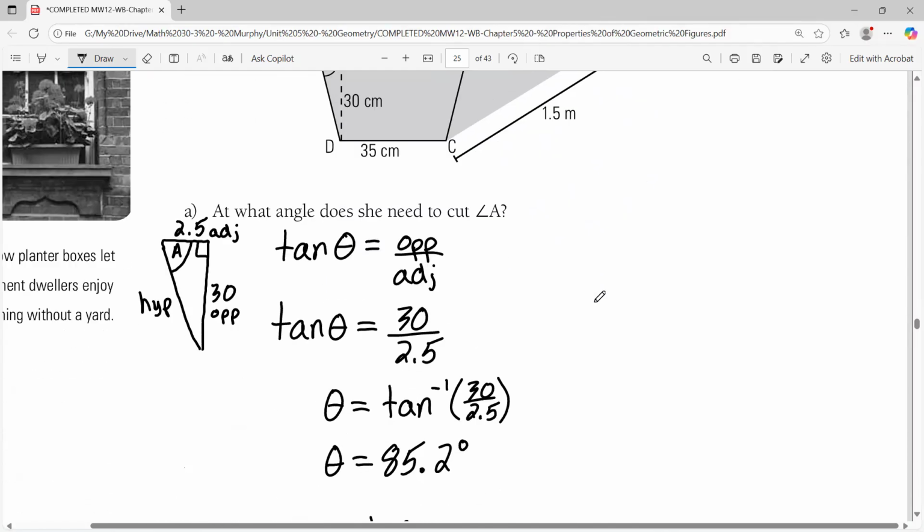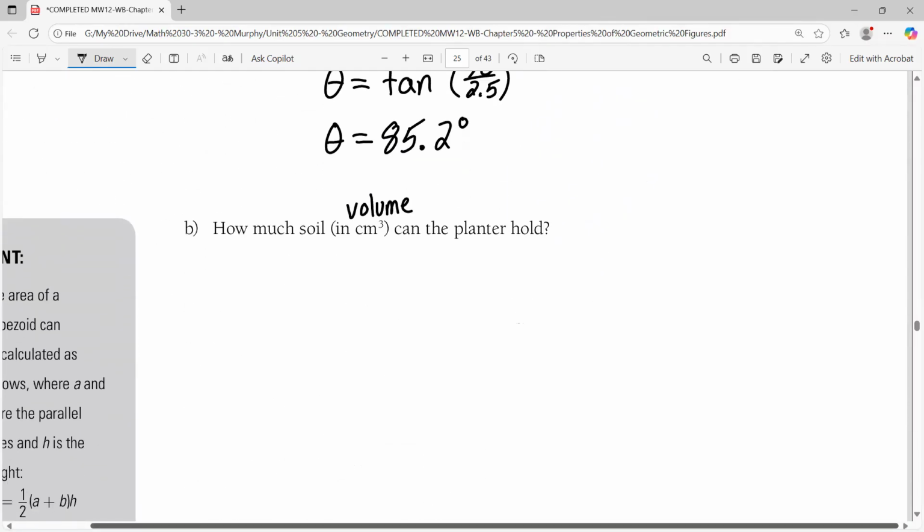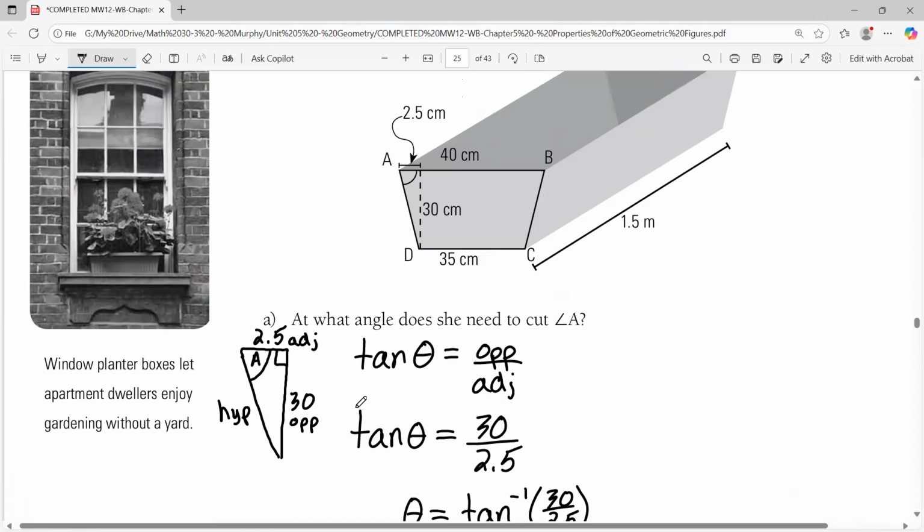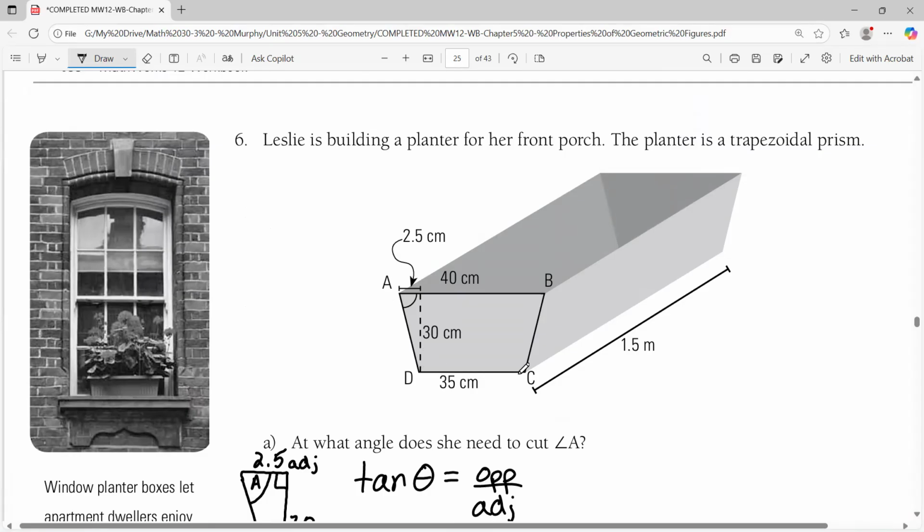However, we know the area of a trapezoid, which would be the front piece right here. We could get the area of this. That's 2 dimensions, but we need the third dimension, which is the length going back or the depth.